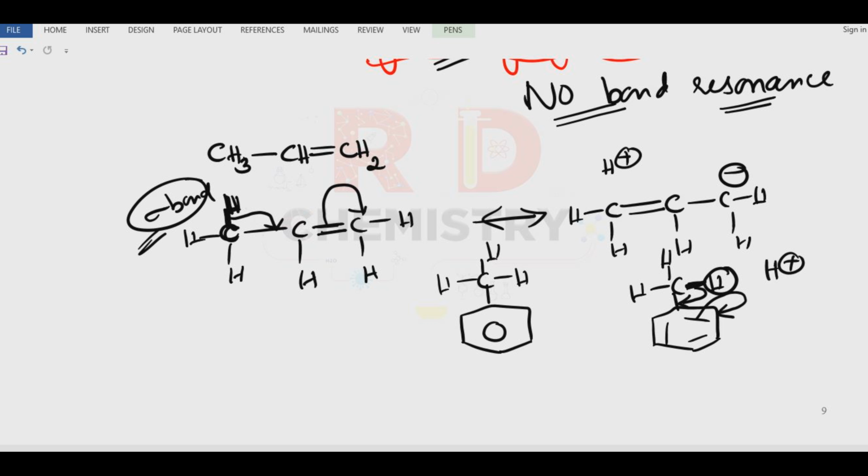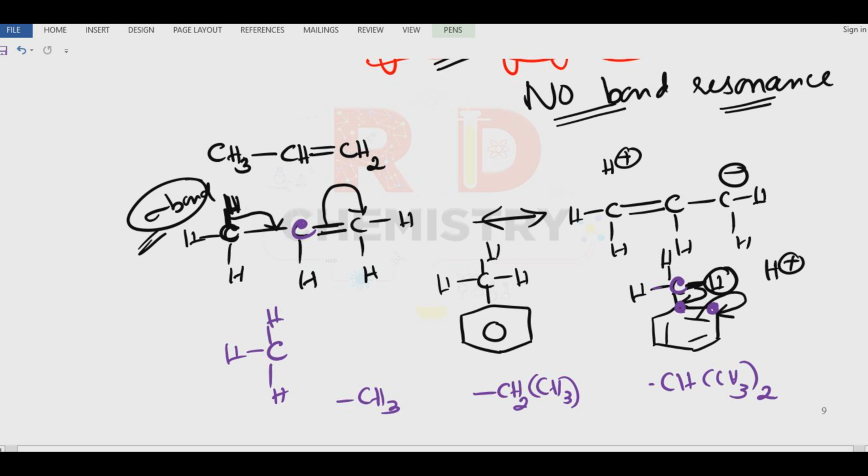In this case, the carbon-carbon double bond should be attached to a carbon that contains hydrogen atoms. Here also, the carbon-carbon double bond of the benzene is attached to a carbon containing hydrogen. That means we should have the carbon containing hydrogen like this, or it can be CH2, another group in the form of CH3, or it can be like a CH with CH3 twice, or carbon attached to CH3 thrice.